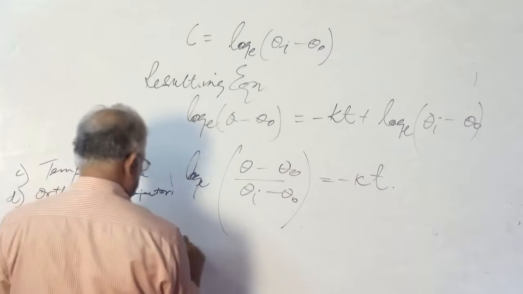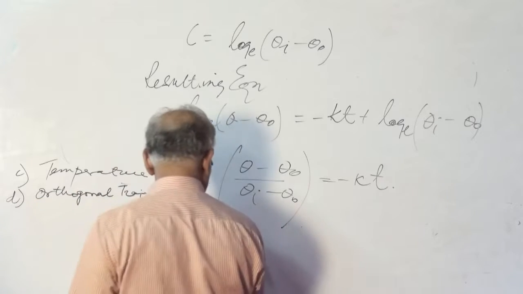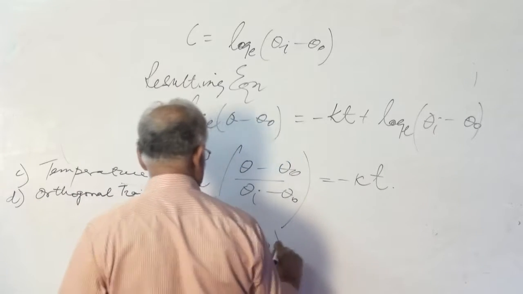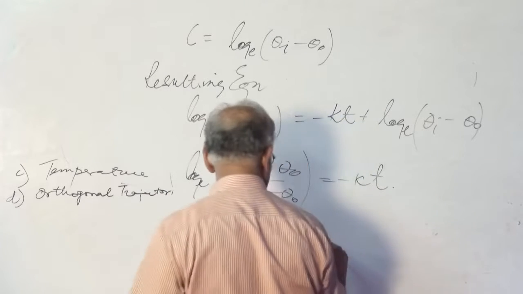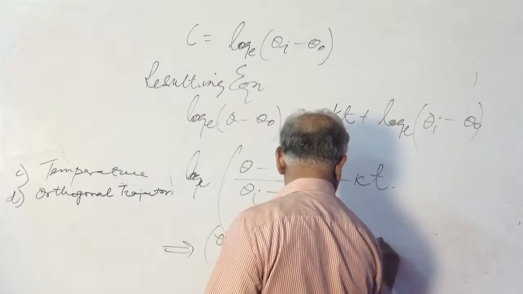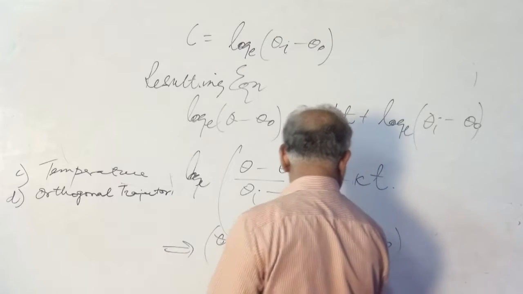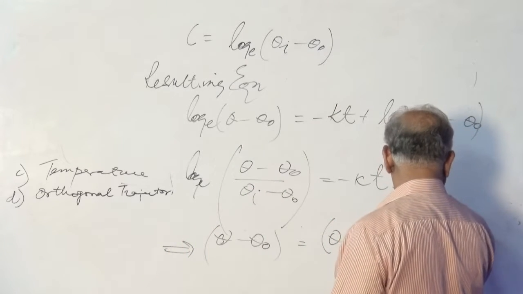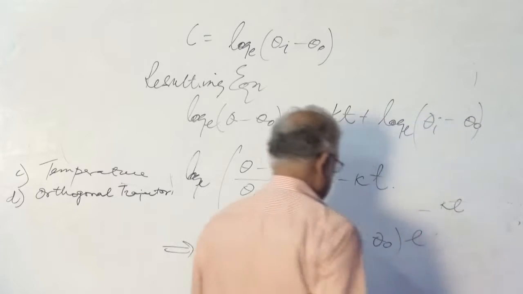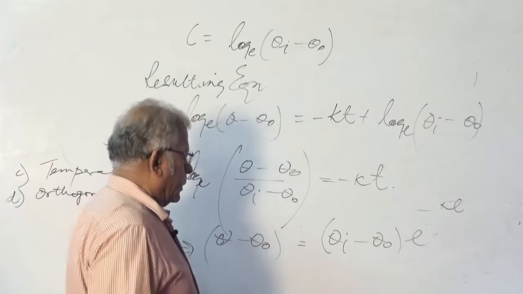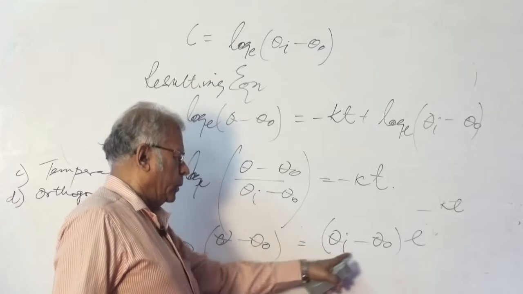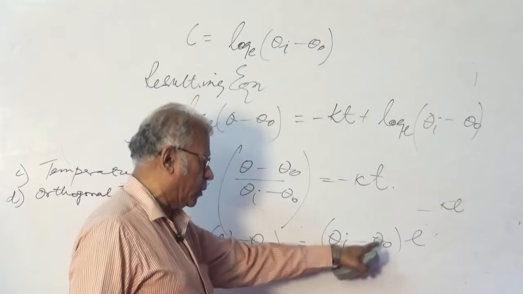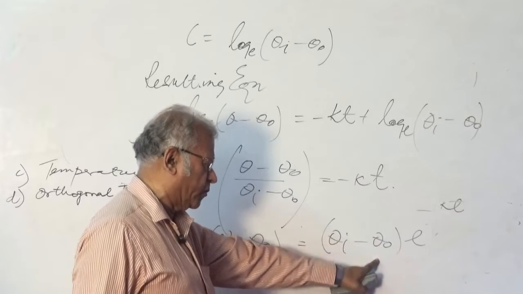Removing this logarithm sign, this implies that theta minus theta naught is equal to theta I minus theta naught times e to the power of minus kt. Now, this particular factor is a constant because the initial temperature will have a certain value and theta naught is the ambient temperature that has a certain value.